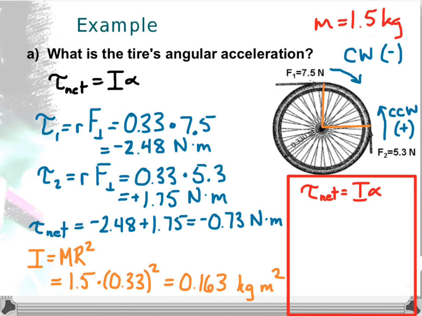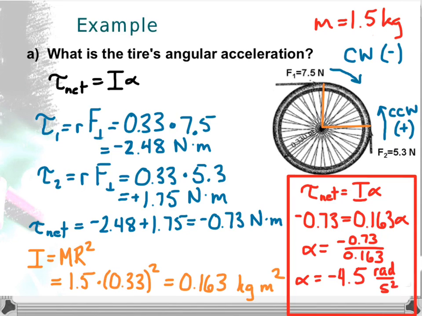Okay, we figured out our net torque is negative 0.73. And we figured out our rotational inertia is 0.163, so I plug those in. And then I solve for alpha, and I get alpha equals negative 4.5 radians per second squared. Now what does this negative sign mean here?